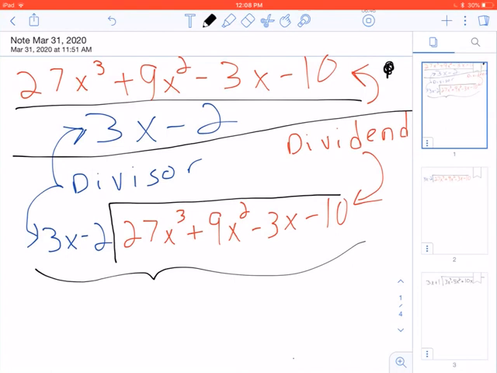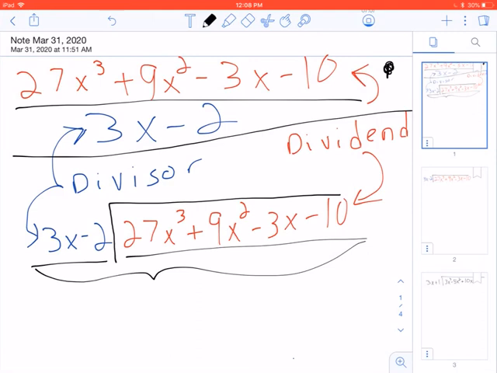So when I set this up for long division, I took the numerator and put it underneath the division sign, and I took the denominator, the divisor, and wrote it outside of the division sign, because that's the piece doing the dividing.